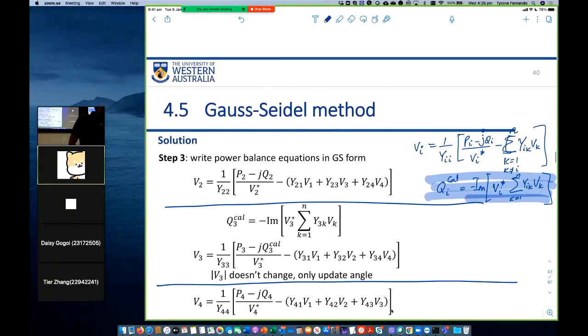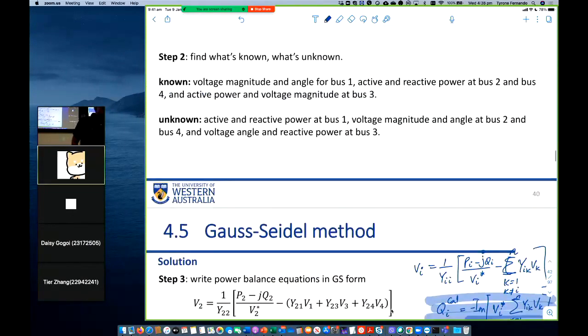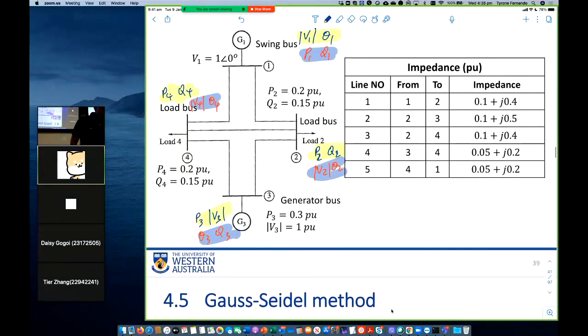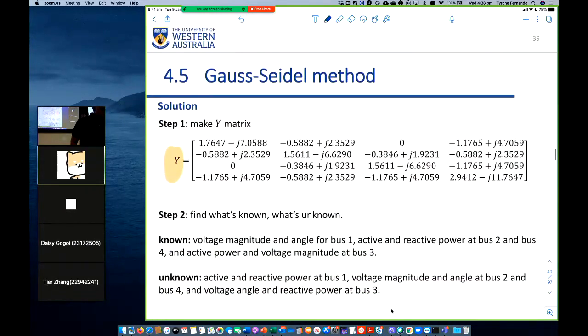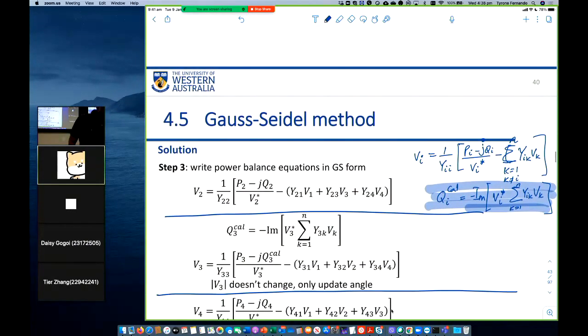Okay. So now we are looking at bus 2, right? V2 we don't know. Theta 2 we don't know. So we have to write an equation for V2.